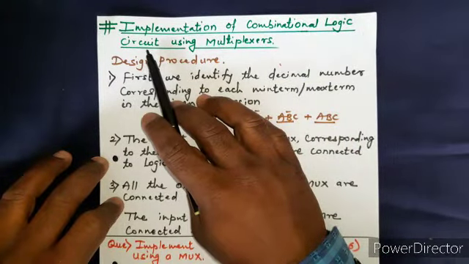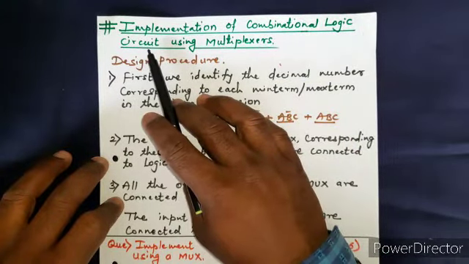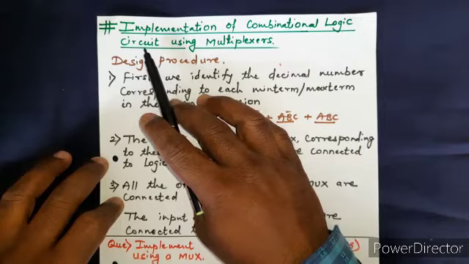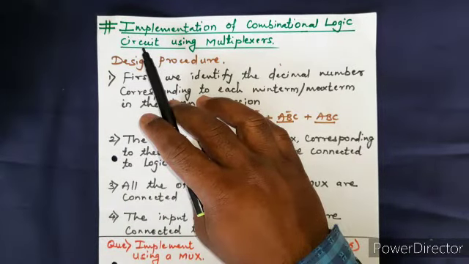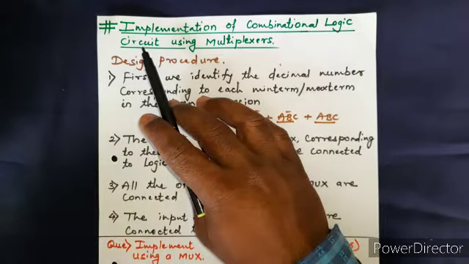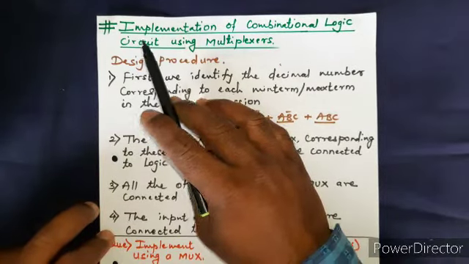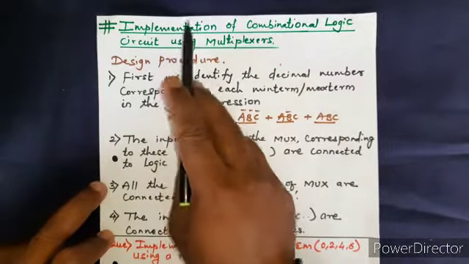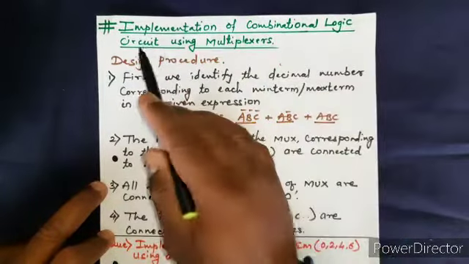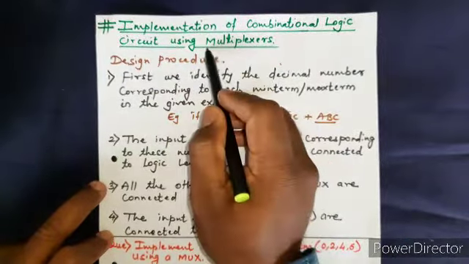The circuits which we have implemented with the help of K-map or Boolean algebra, SOP and POS, all those expressions that we implemented with gates and reduced with Boolean algebra and K-map, we can actually implement using a multiplexer.